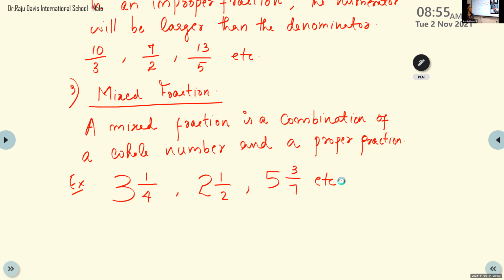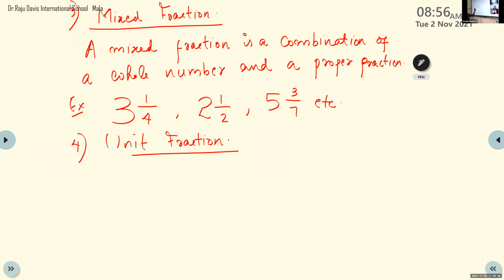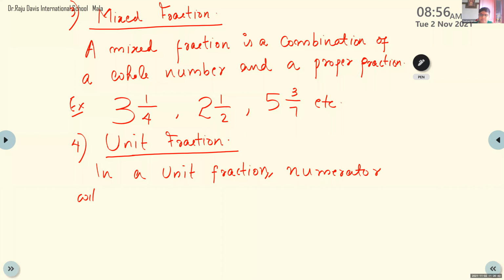What do you mean by unit fraction? Unity is 1. In a unit fraction, the numerator will always be 1.